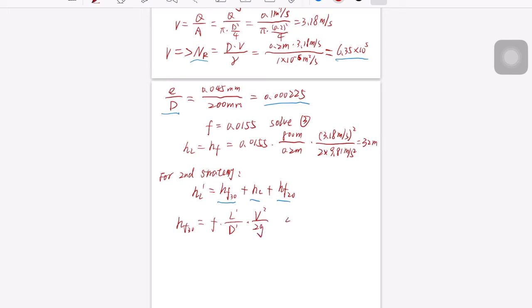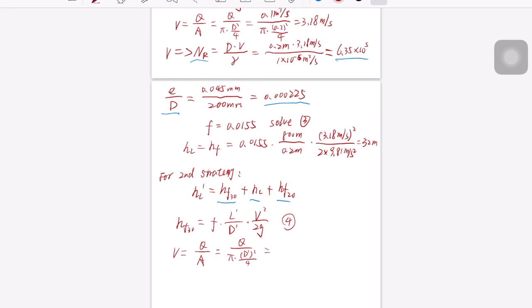It's equation 4. Now we can calculate velocity equals Q divided by A, Q divided by pi times D prime squared over 4.